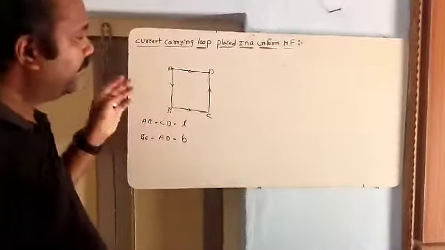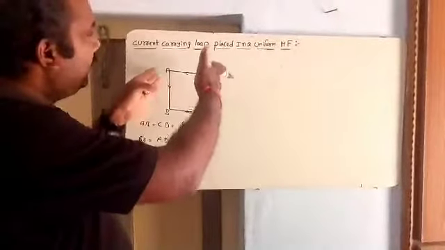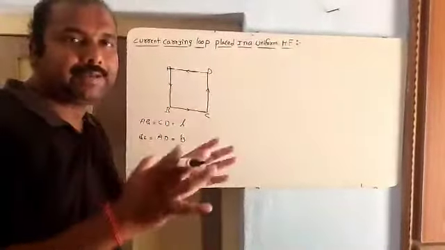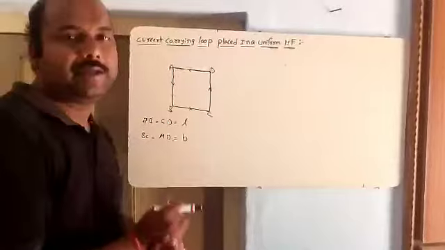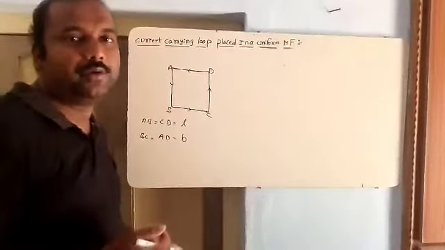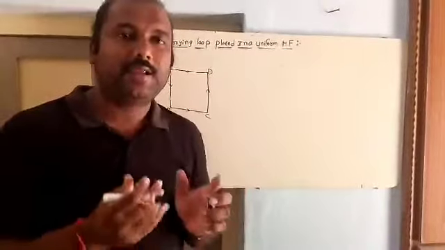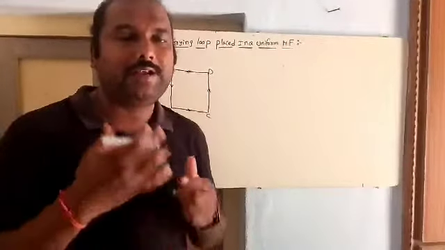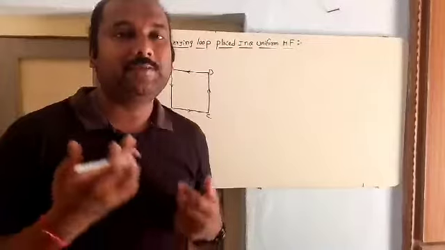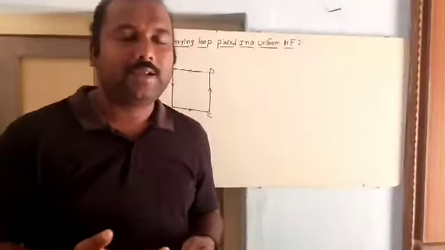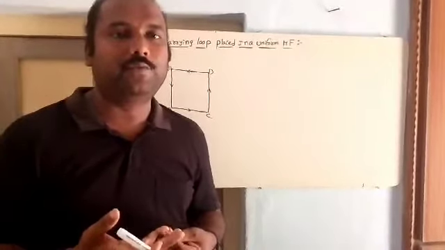Now if this loop is placed in a uniform magnetic field, we already know that a current carrying conductor placed in a uniform magnetic field will definitely experience a force. Already in the starting part we learned a few formulas.